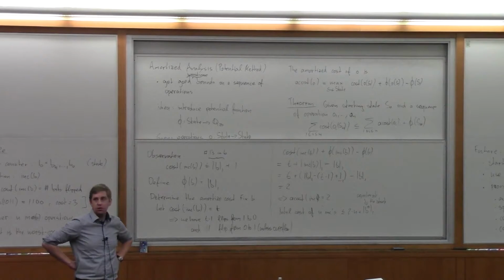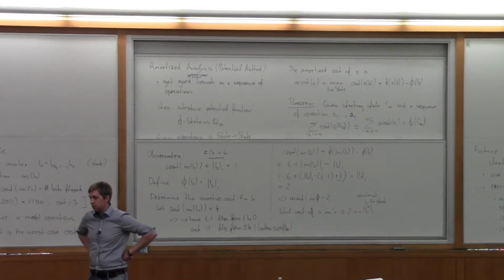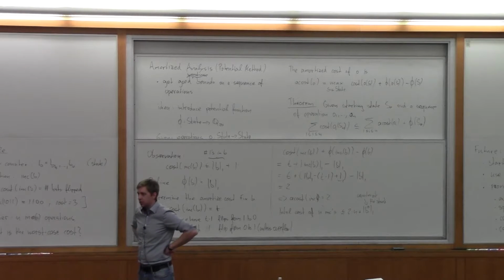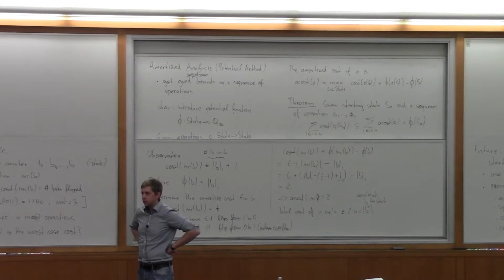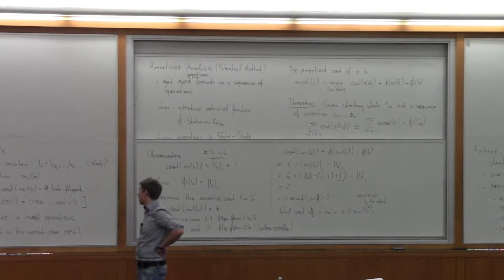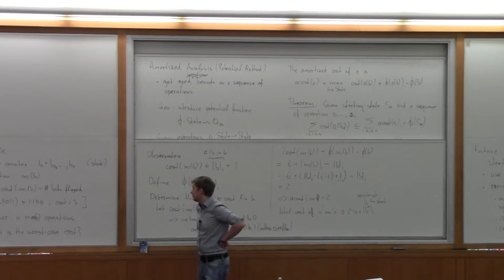Yeah. So if inc was not a function from a binary counter to a binary counter, but to something else, would we have to unify the input and the output of the function to be able to call both states? You know what I mean? Yes, so we probably would have to do that. It means that the binary counter is the state.